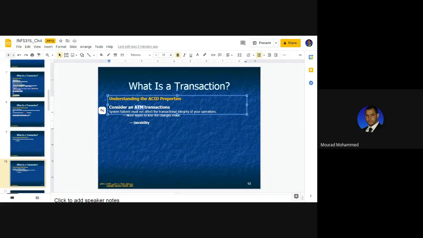For all customers, anybody who tries to retrieve money, the transaction has to be atomic, consistent, and isolated. User number one, user number two, customer number one, customer number two, customer number n.